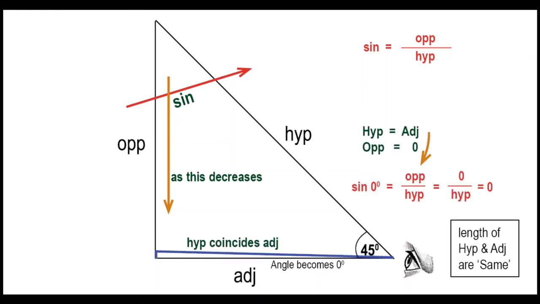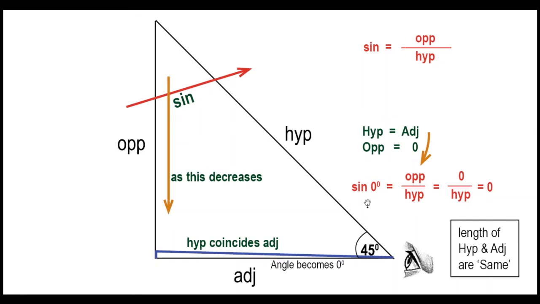That means as this hypotenuse merges with adjacent, it means hypotenuse is equal to adjacent. Both are same and the opposite becomes 0, no value at all, and the angle here becomes 0.